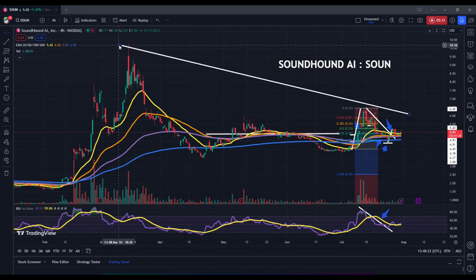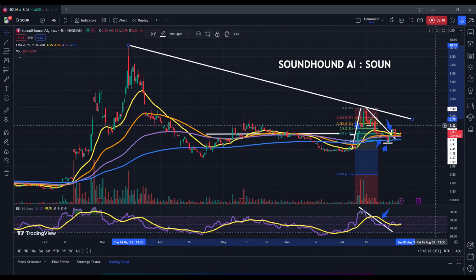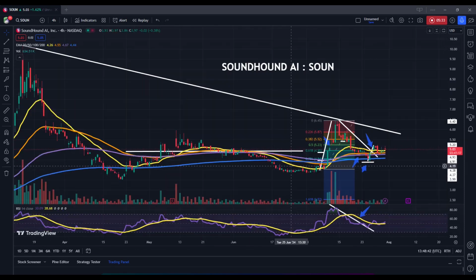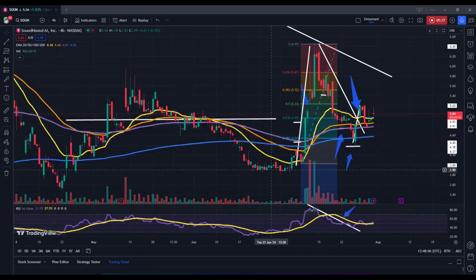So here we can see a broader view, and we can see that this dominant trend line really does remain in place, and this has been the case since roughly the middle of March, roughly March 14, when the stock was trading at highs above $10 per share, just around 10.25 per share. Broadly speaking, we are still caught within a downtrend here.